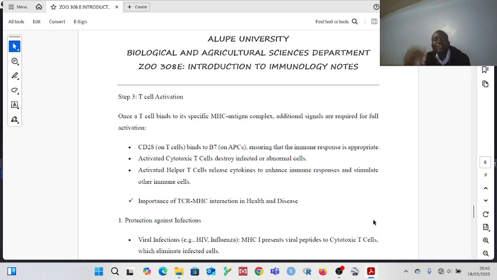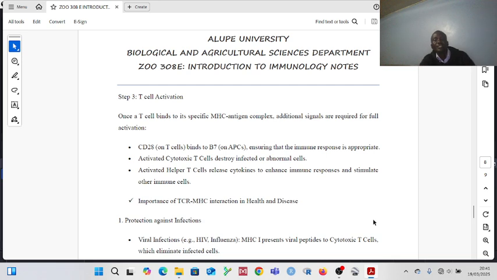So the function, either to destroy or to enhance immune responses, is happening after activation. But activation is happening after a T cell binds to its specific MHC class and antigen complex. That's when the activation happens.